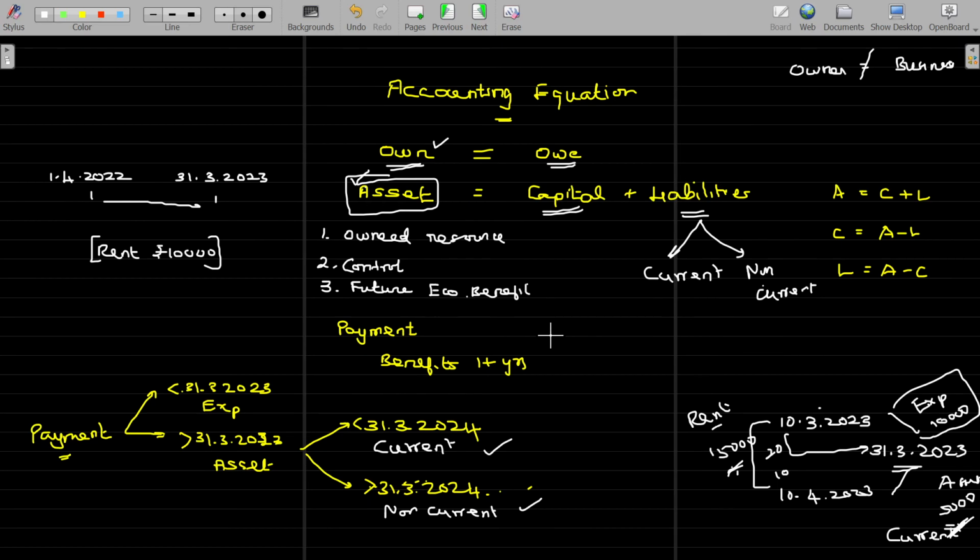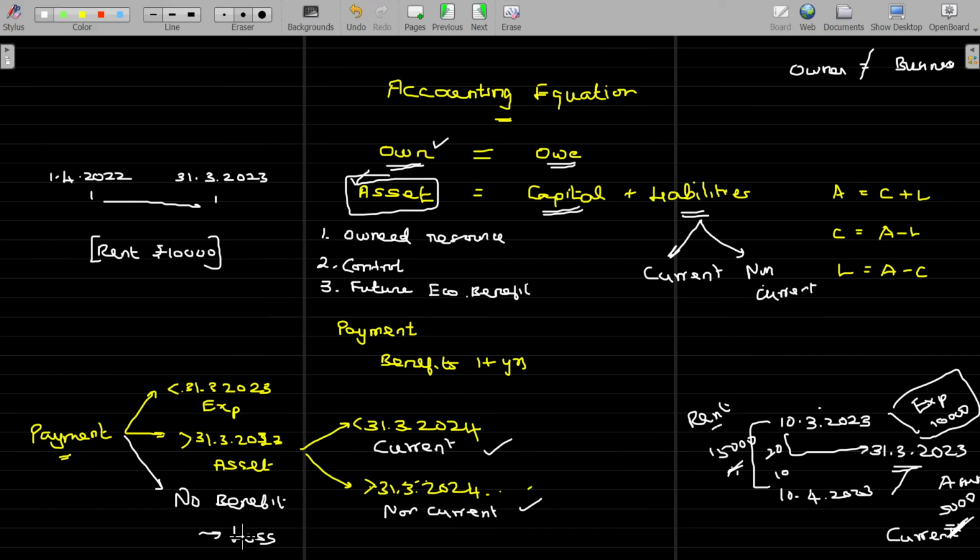Is that okay? And the payment you give gets no benefit at all. You paid but you don't get any benefit. Then this will be named as loss. 100 rupees I paid, I purchased a product and then realized it's an expired one, I cannot use it, I throw it off.